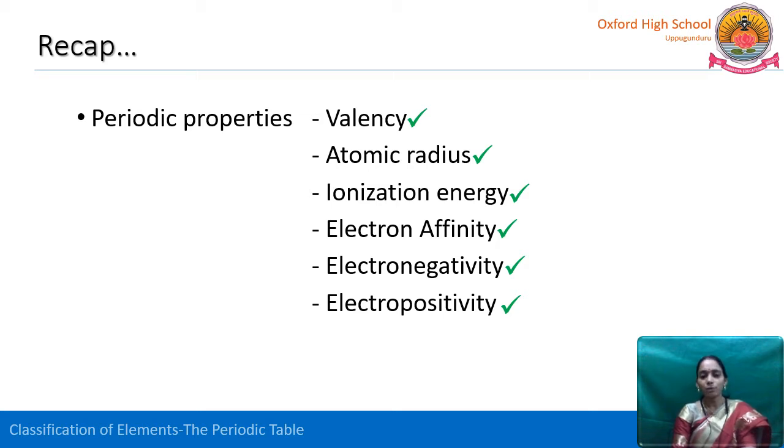In a group from top to bottom, electropositivity increases, so we can easily remove an electron from its outermost shell. Whereas in a period, from left to right, it is not so easy because of nuclear force of attraction. So, electropositivity decreases in a period.